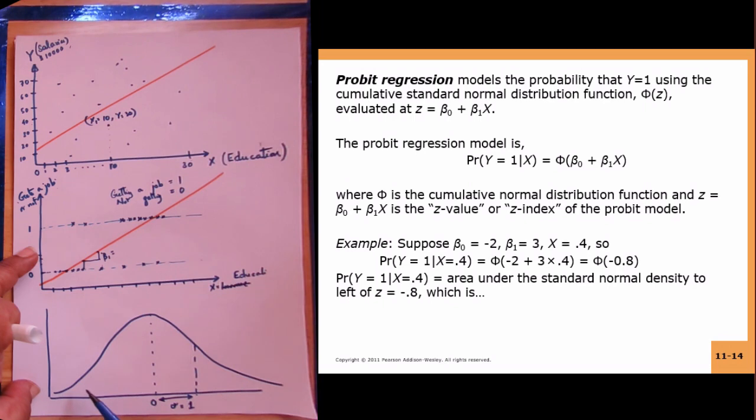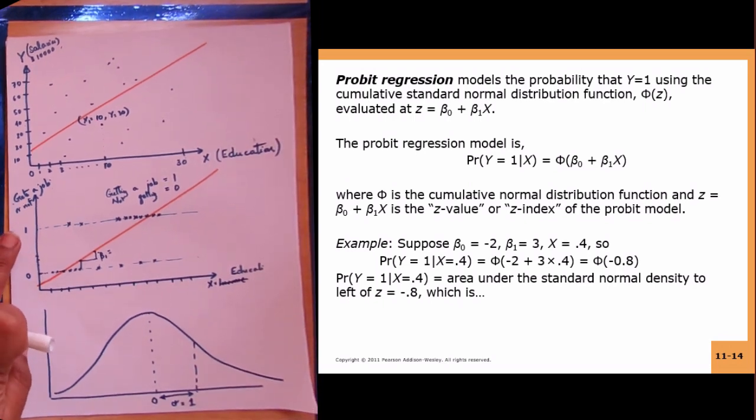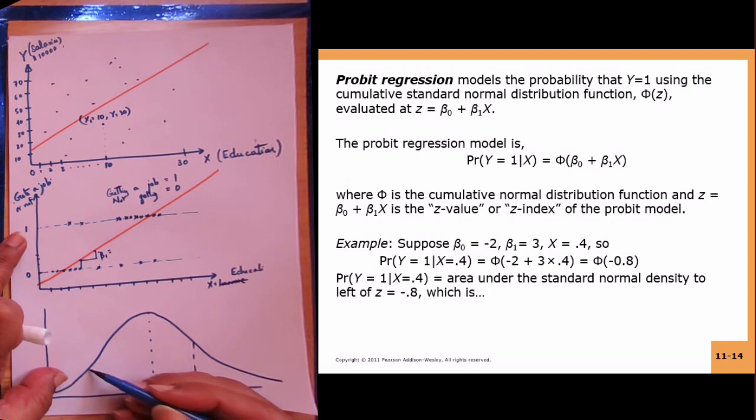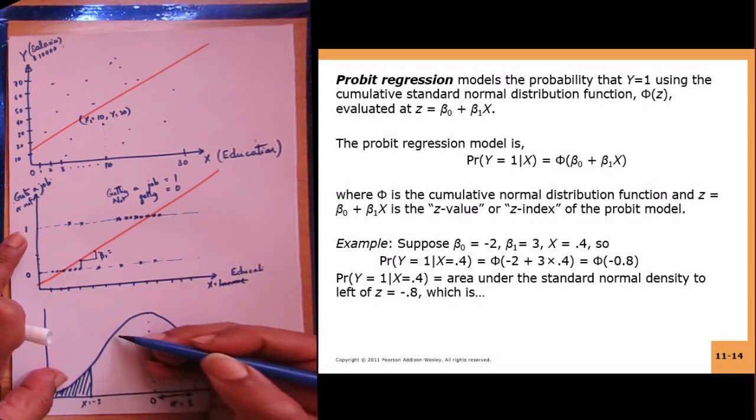Now, what is the cumulative standard normal distribution function? Basically, it measures the area under the curve for any given value of x. Say x is equal to minus 2. What is the area under the curve to the left of minus 2? That is the cumulative standard normal distribution function.